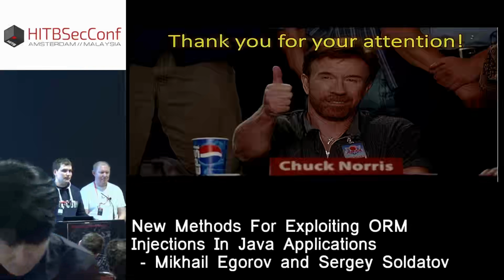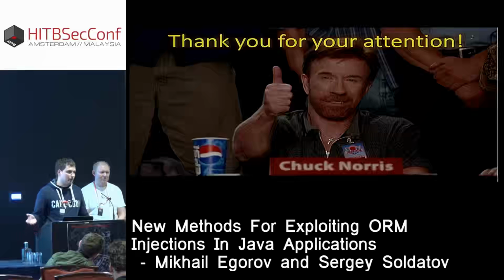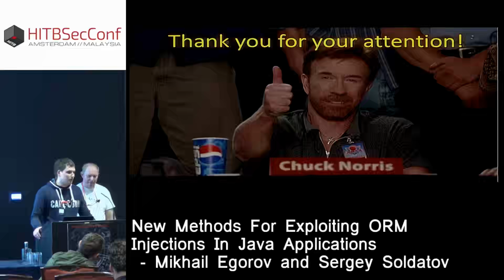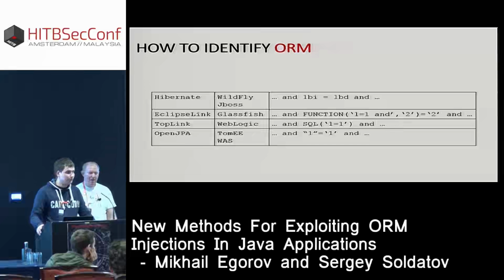So if you see that you are facing, for example, JBoss or WildFly, you know that this application will probably use an ORM library. Yeah, but how do you know that you have an ORM injection? How do you detect it in the beginning?